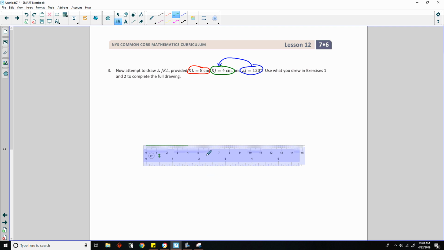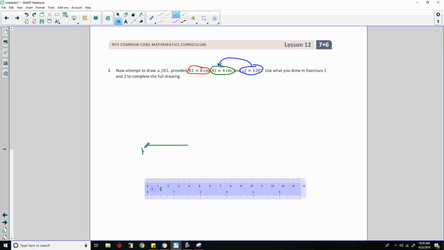There's a 4 centimeter segment, and this is K, this is J. That's weird, it didn't undo my 4. Okay, anyway. So, a 4 centimeter segment called KJ. There it is. Then I get my protractor.